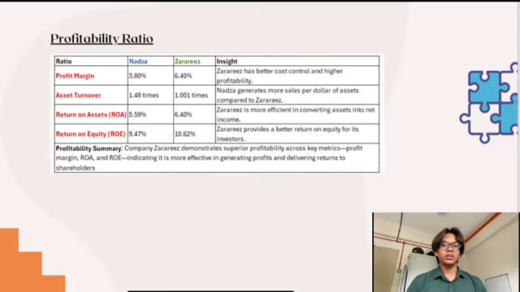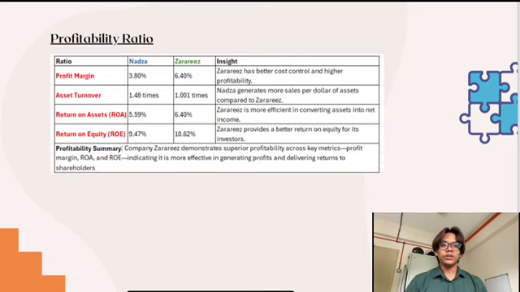Lastly, we're going to calculate the profitability ratio for both companies. For the profit margin, Zararis shows a higher profit margin at 6.4% compared to Naza at 3.8%, which means Zararis has better cost control and higher profitability. However, Naza generates more sales per dollar of asset compared to Zararis, with 1.48 times for Naza and 1.001 times for Zararis.